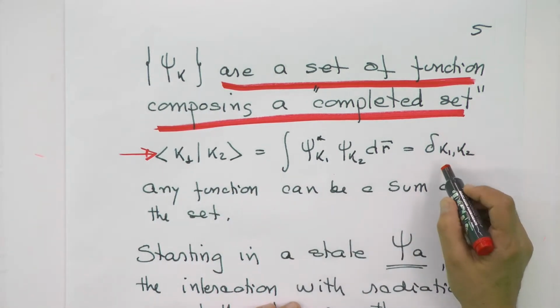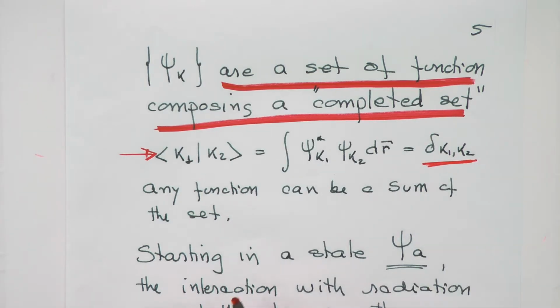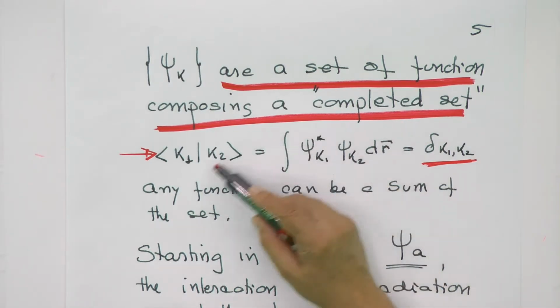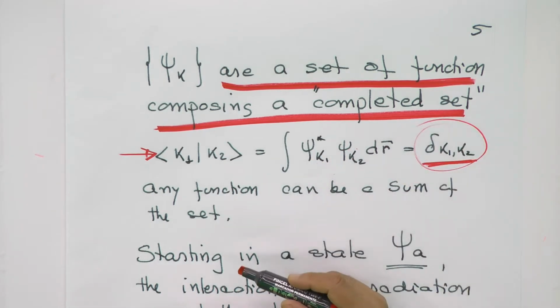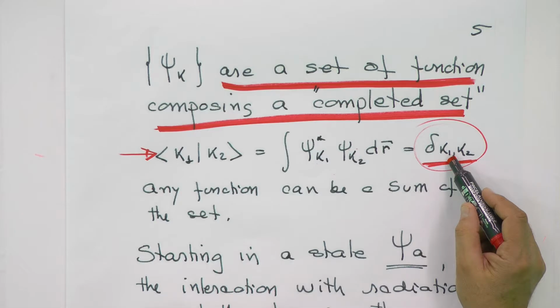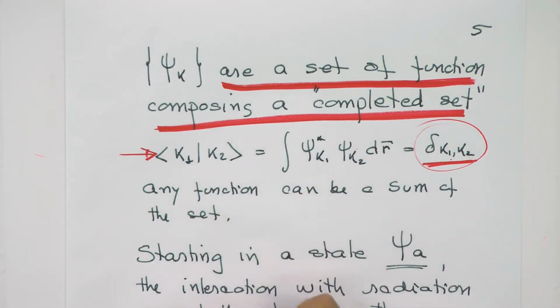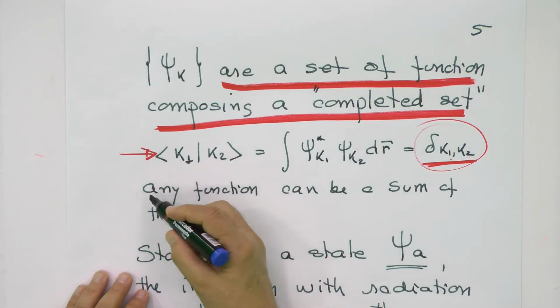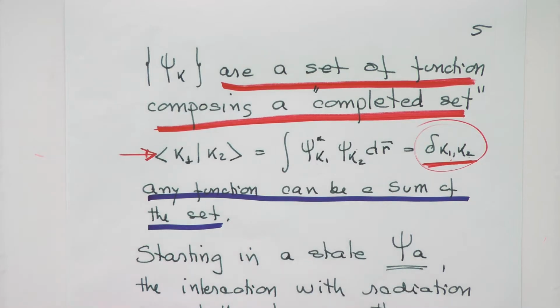And they are orthogonal, right? When I make the product of 2 states that way, I get a delta function, which means this is not 0 only if K1 equals K2, so the same state. And as I told you, which is the most important thing, any function can be expressed as a sum of this complete set.